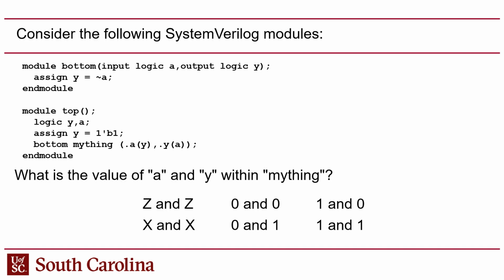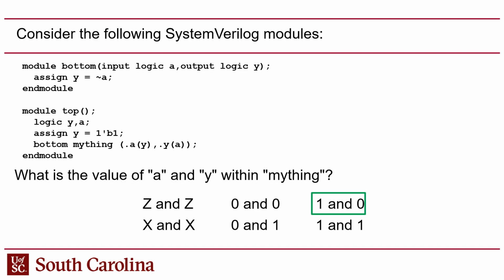So it would be X or Z? Z, right? It would be Z. Which one's right? Oh, 1 and 0. Okay, I might actually screw that up. Y is 1, and A is not assigned.